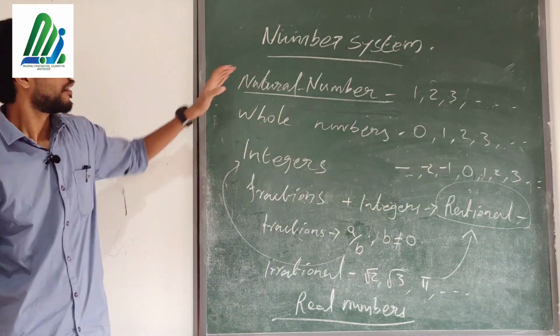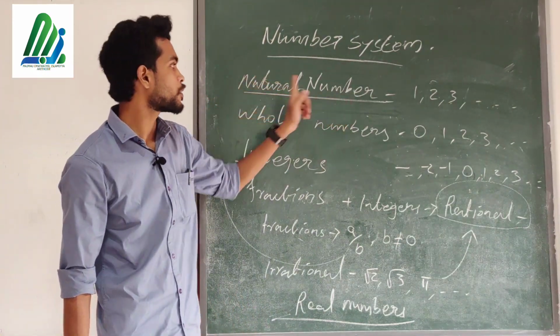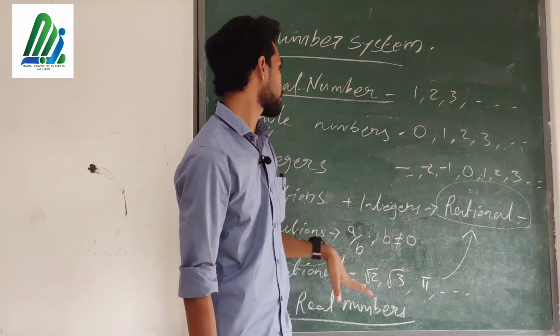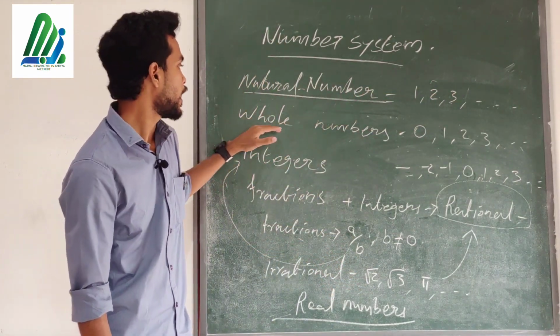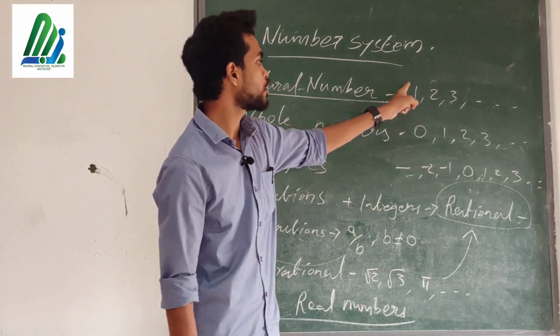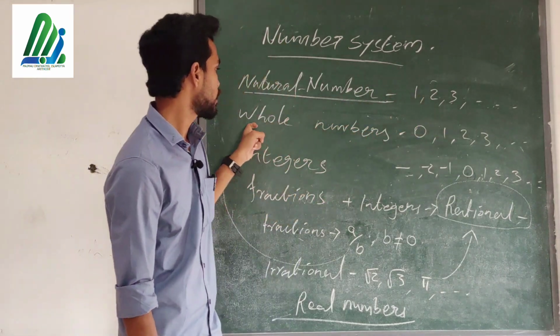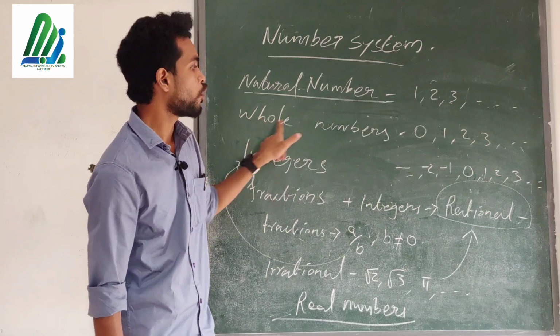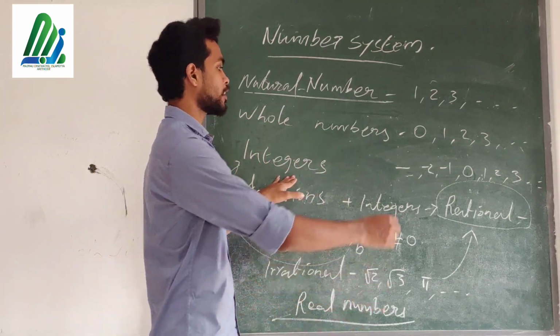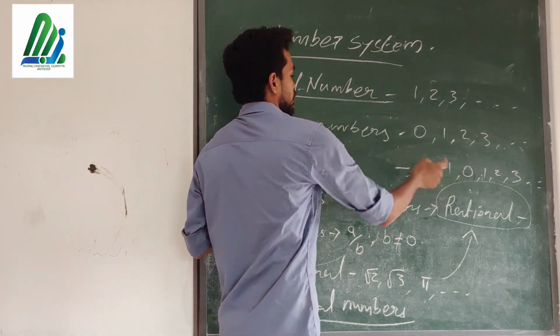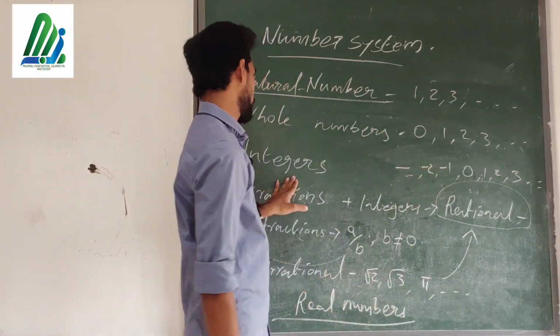Okay, we first started from the natural numbers 1, 2, 3, etc. And they are also called the counting numbers. And the second part is we add 0 to the natural numbers, then the name changes into whole numbers. And the third part is integers. Integers are the whole numbers plus the negative numbers.